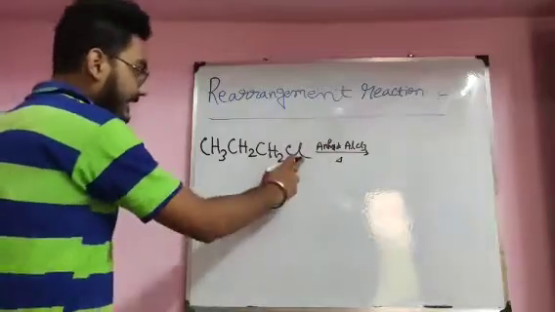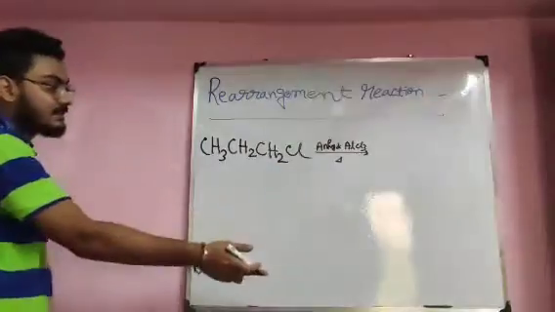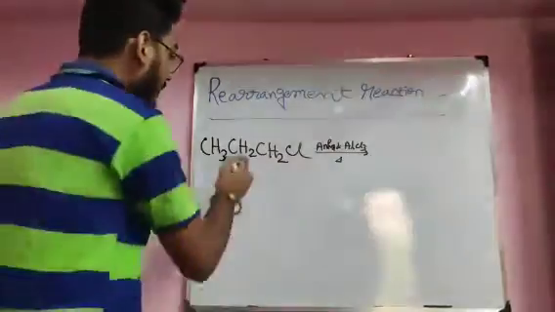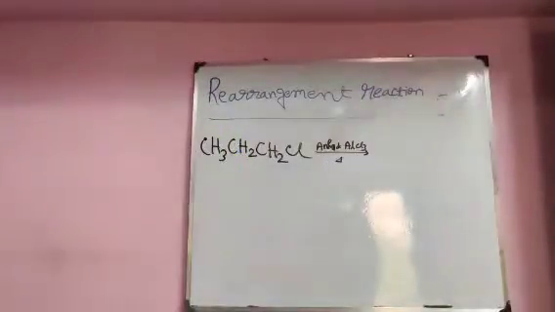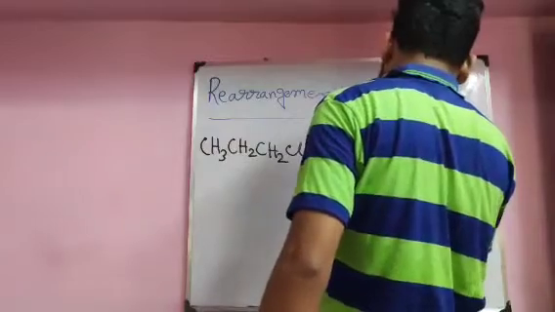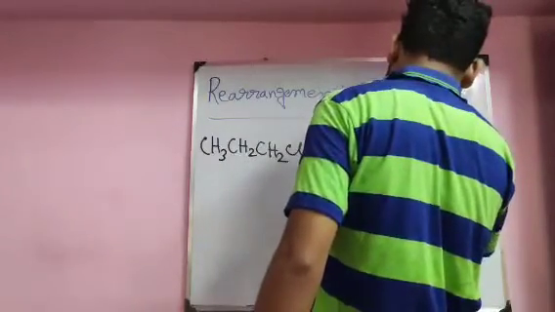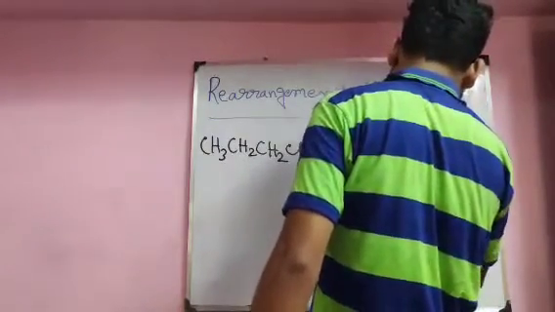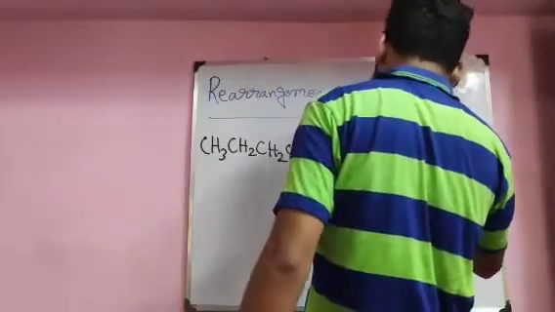Then the X group will rearrange to the second carbon position. So the product will be CH3CHClCH3.